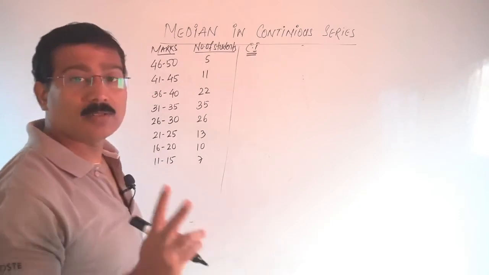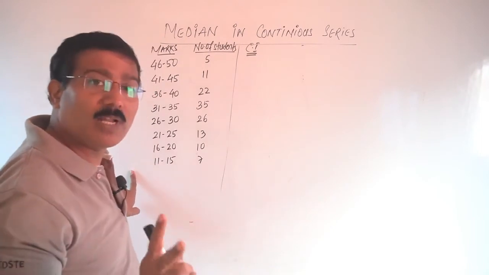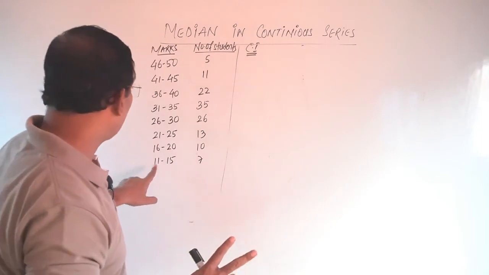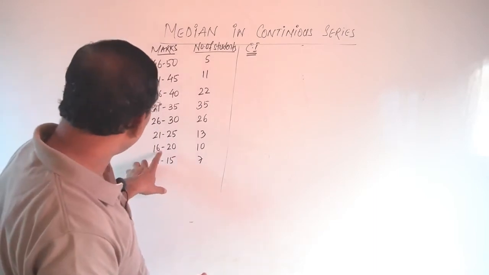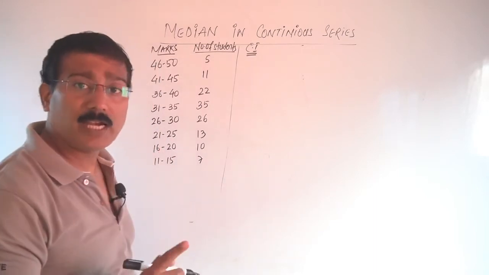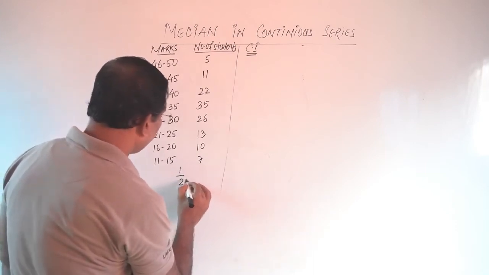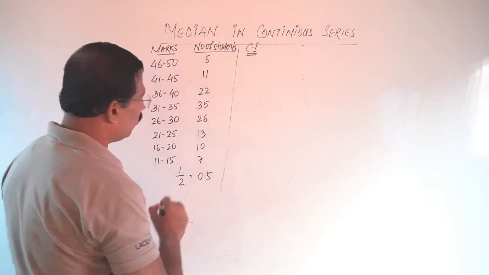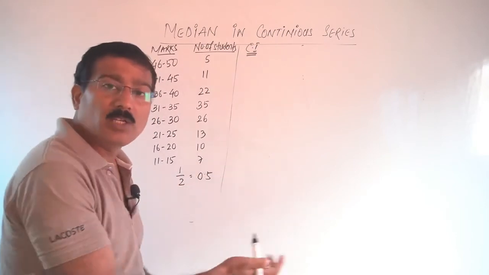In this question, two problems. The first, the question is in descending order. So first you will have to arrange it in ascending order. Look here. What is the difference between 15 and 16? The difference is 1. 1 divided by 2 will be what? 0.5. And how will you convert this series into continuous?